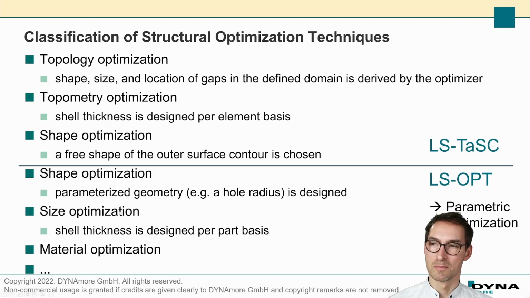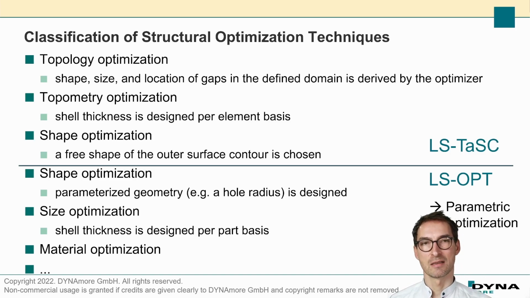Based on the optimization you want to do, you choose different products. Basically you can say that all the other parts here, topology optimization, topometry, and shape optimization, go with LS-TaSC, and everything where you can parameterize your model. It means you can somehow boil down the variable you want to adjust to a single parameter or a couple of parameters, then you go with LS-OPT.